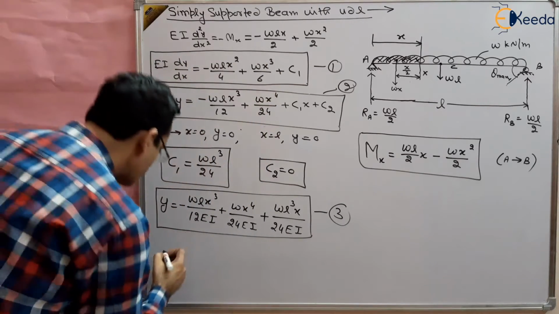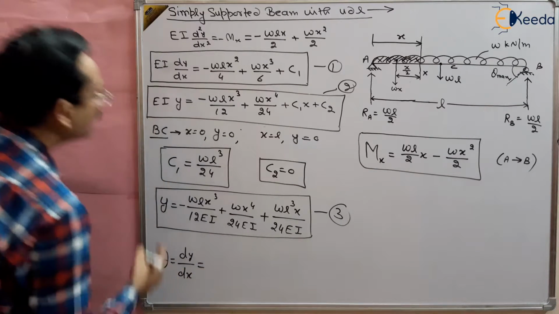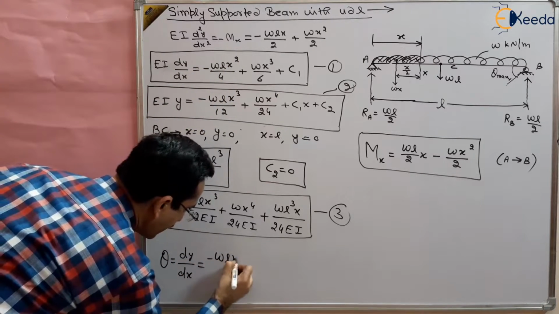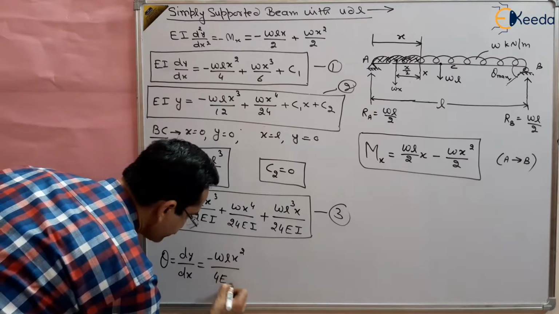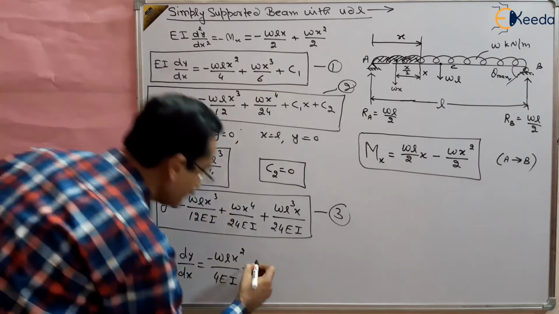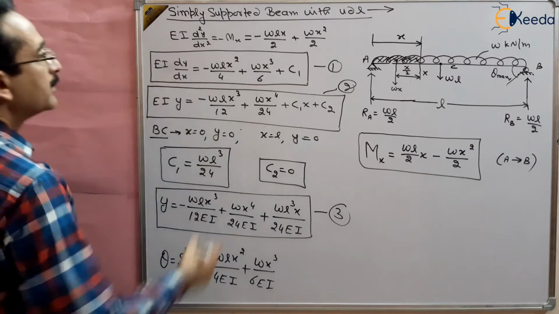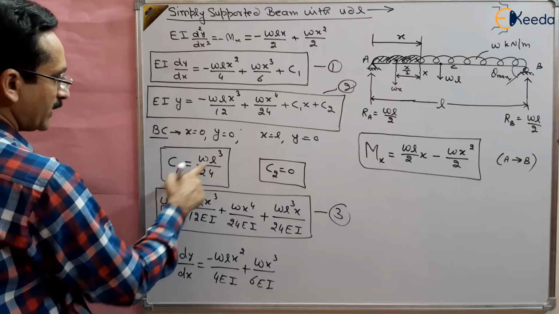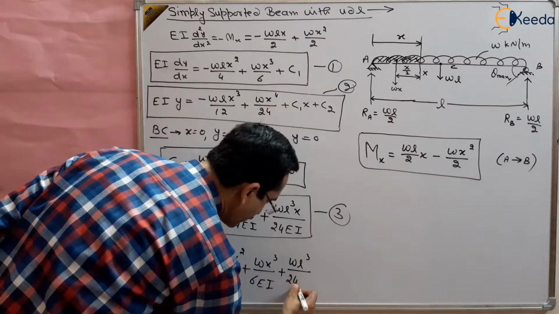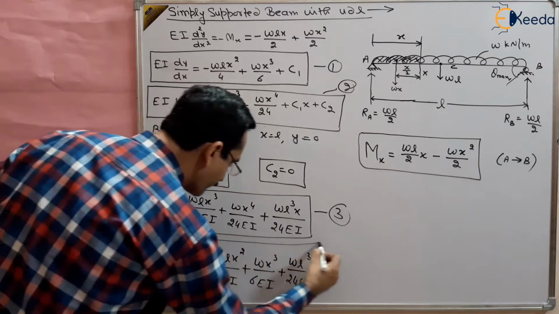So theta, which is also equal to dy by dx, will come out to be minus W L x square by 4 E I, plus W x cube by 6 E I, plus C1, which is W L cube by 24 E I. So this is the slope.